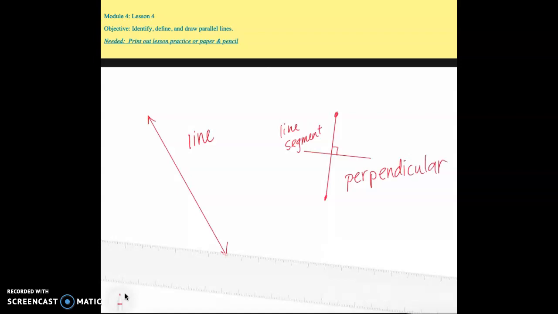It is perpendicular if it meets and makes a right angle. And anytime you have two lines and they connect at some point, they are intersecting.